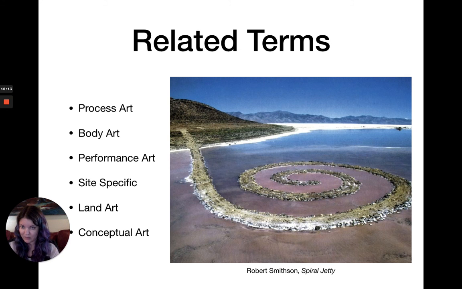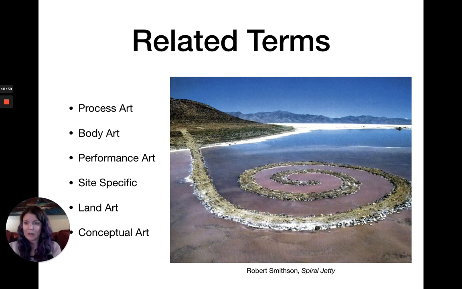That's something we affiliate with installation work. Body art, work that relies on the human body as the site for the work, is often called installation art. That also really ties in with performance art a little bit more, and performance art is the next word.